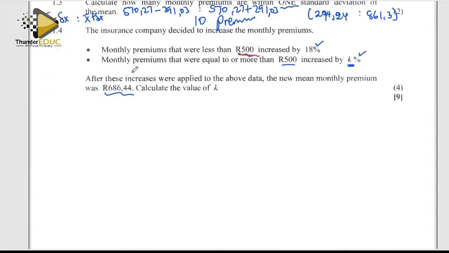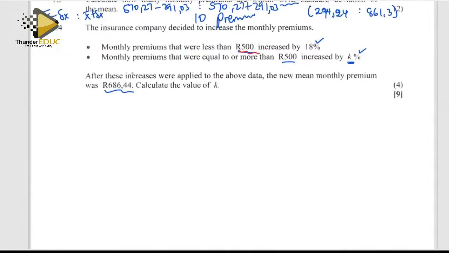So these 6 amounts, when I add them up, I'm going to get 1,791. Then I'm going to multiply this by 118 over 100 so that I get the new total for those 6 amounts. When I do that, I'm getting 2113.38.